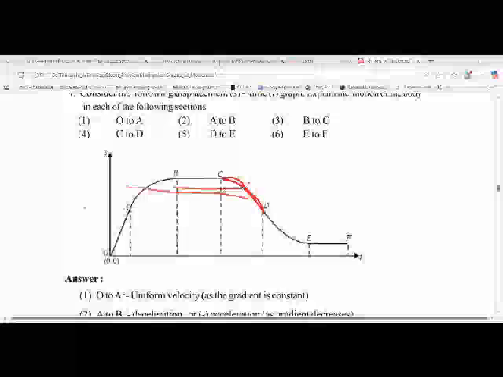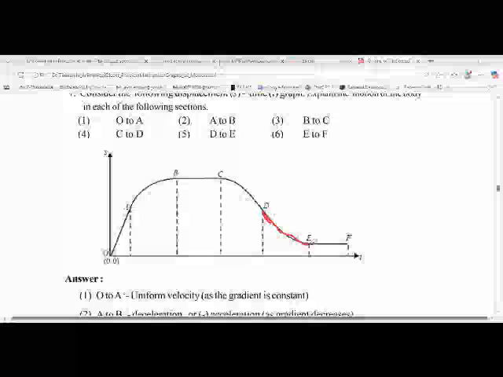In the previous case, you can see it is also moving to the observation point, and the inclination is decreasing, or the gradient is decreasing. Then it should be deceleration.